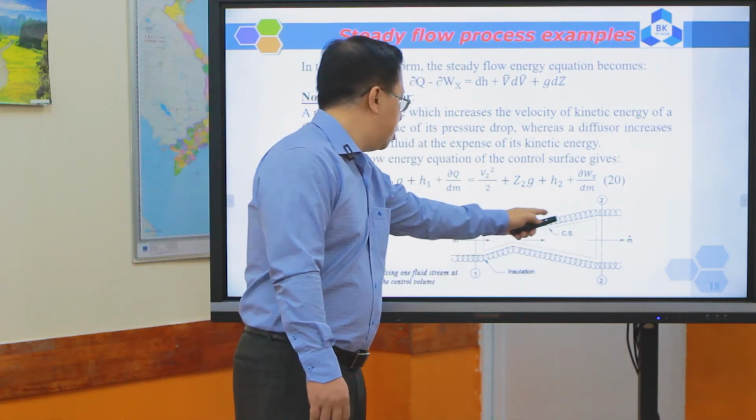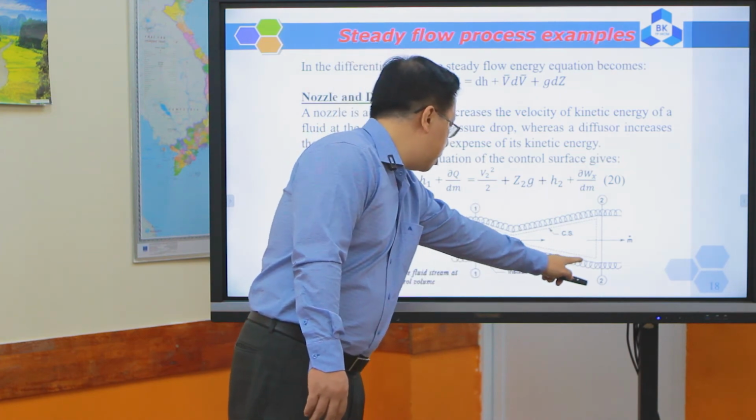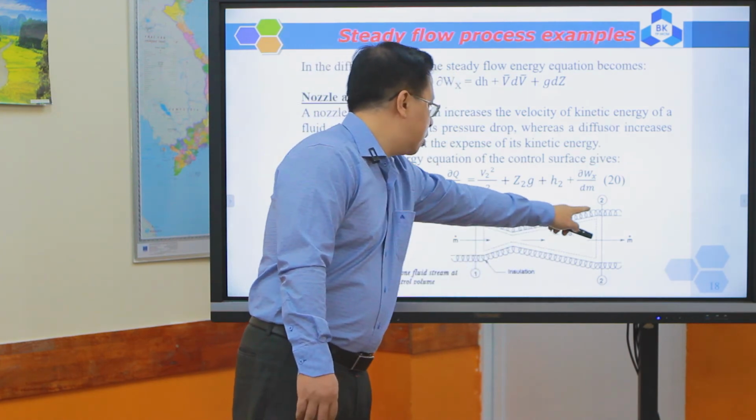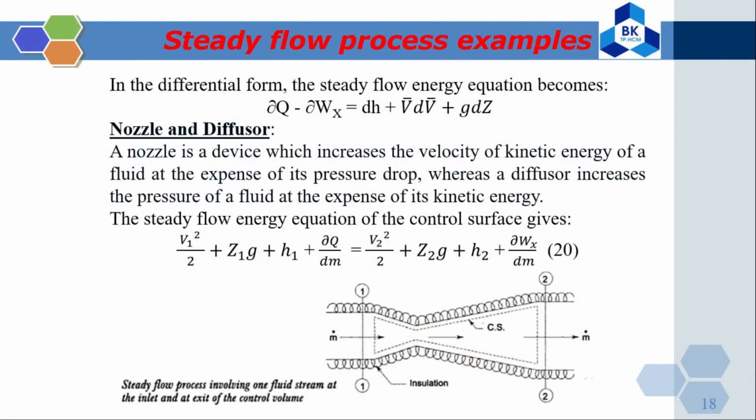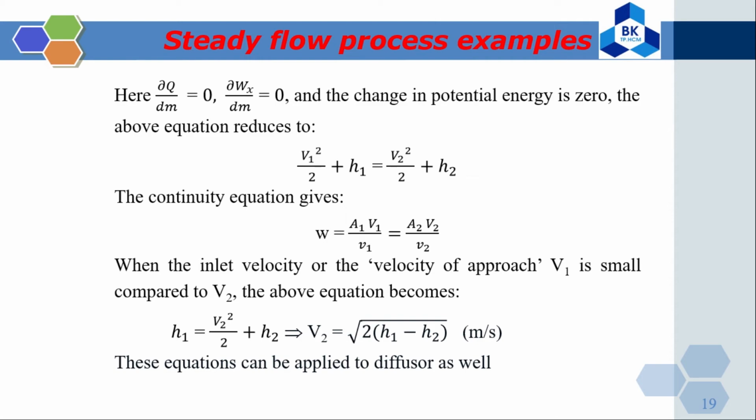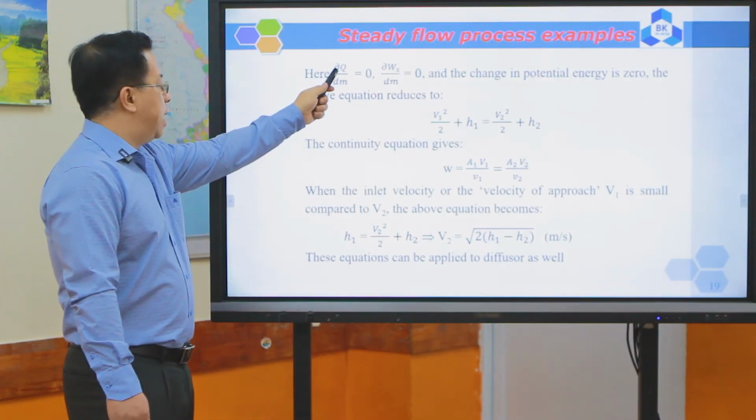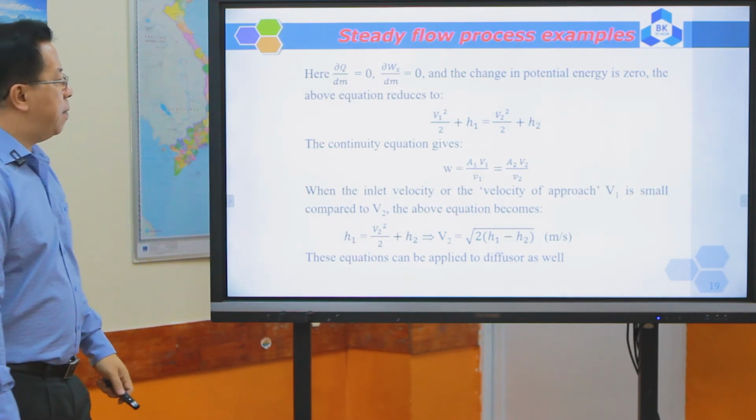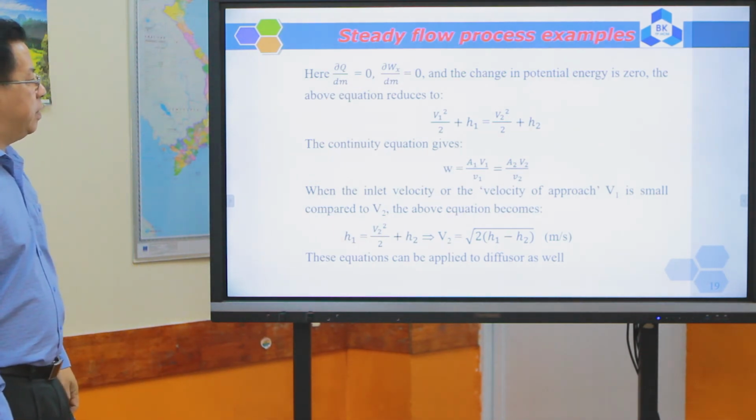The nozzle here will be insulated, so this represents the insulation, because no heat and no work happen in the case of the nozzle and the diffuser.